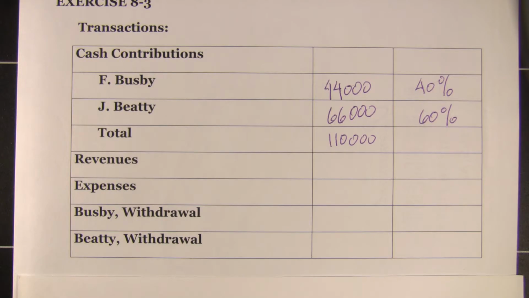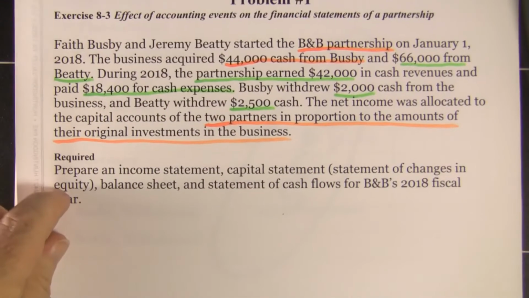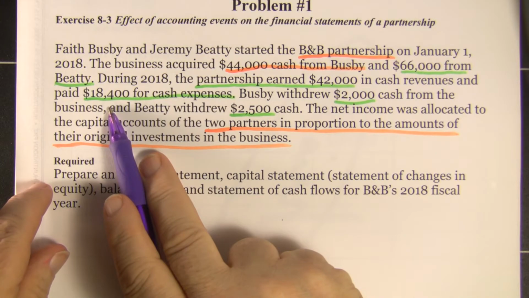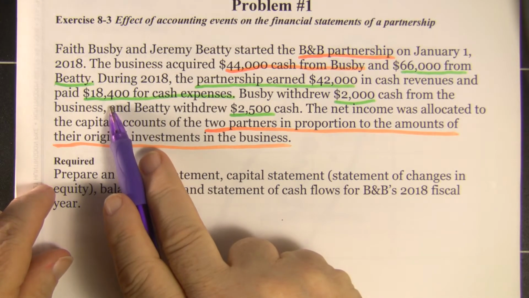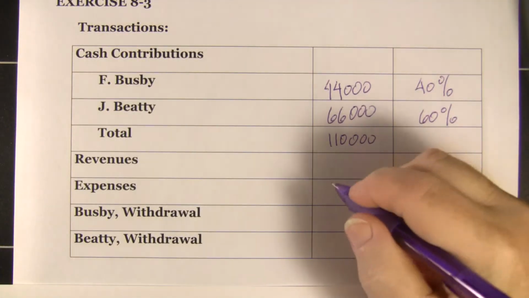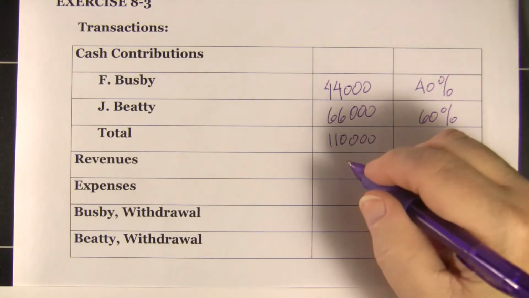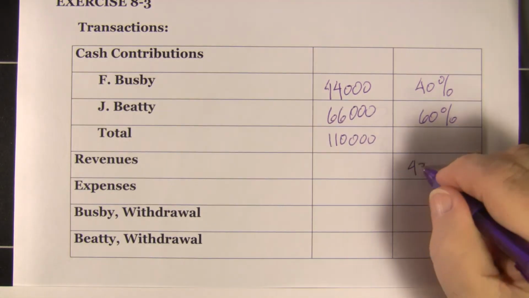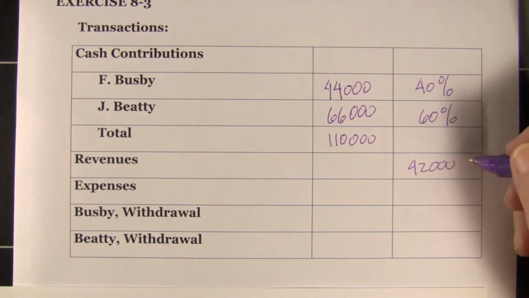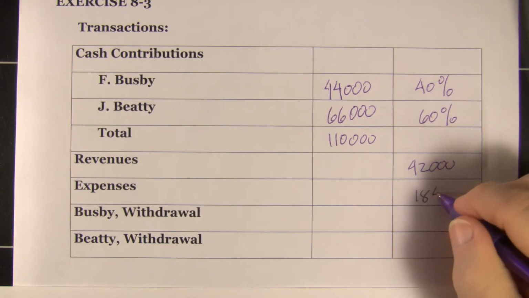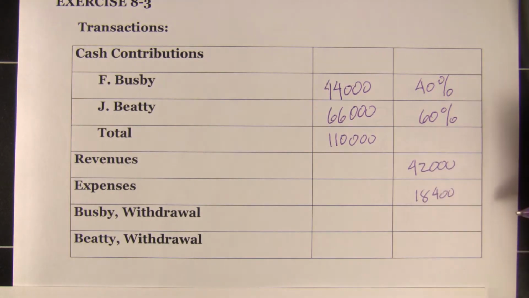So they then tell us that this company had $18,400 in expenses and $42,000 in revenues. So that's no figure in there, it's just a matter of writing it down. We'll do it over here so we have some space. $42,000 in revenue, $18,400 in expenses.